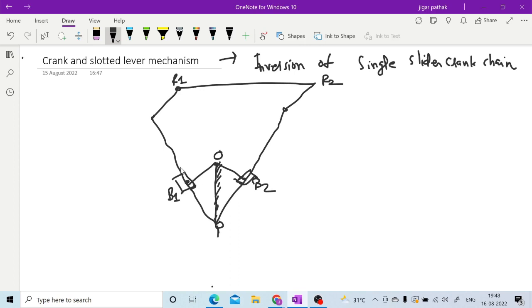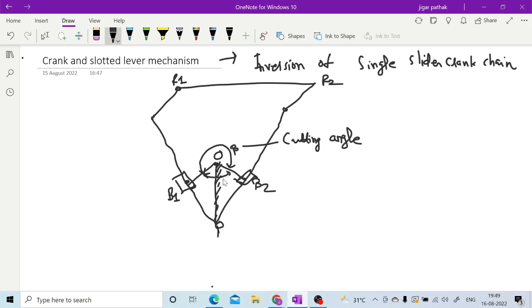So this crank will have full rotation. When your crank has full rotation, here to here you will have the angle beta, which is nothing but the cutting angle, because it is more, and as we have seen it will take more time.